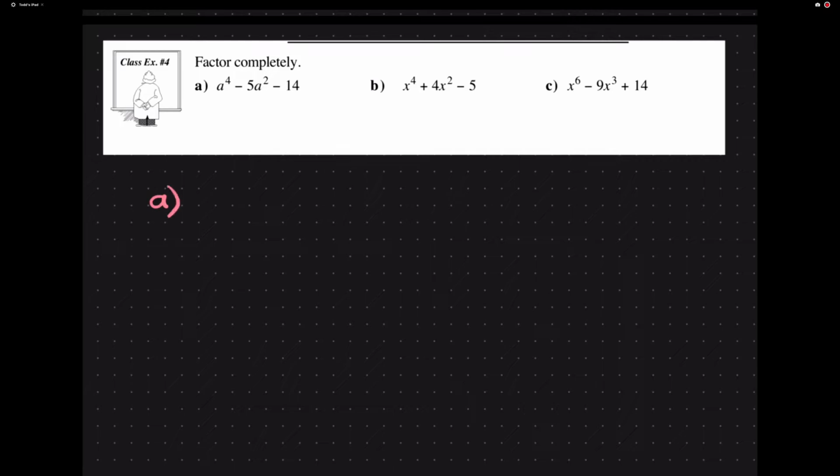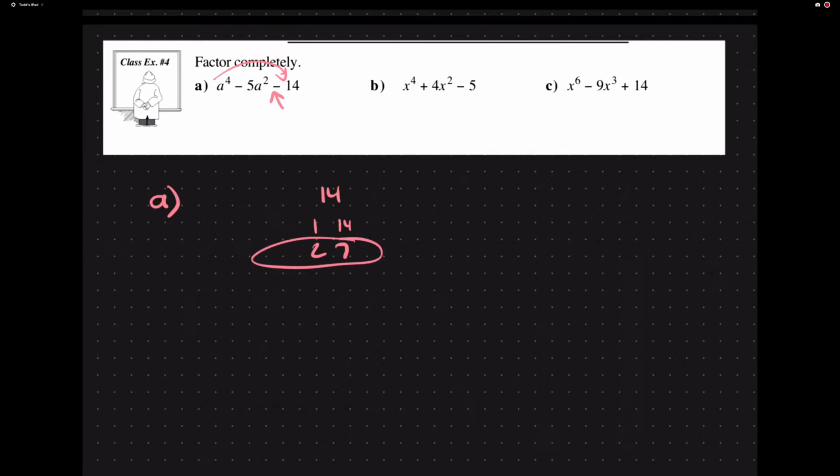Let's just get this done. So basically I want to take the number in front, which was 1, and multiply it times the 14, and we get 14. 14 breaks up into 1 and 14, 2 and 7, and the signs are different. And so we're going to subtract them, and it should equal 5. So 7 minus 2 is going to be 5.